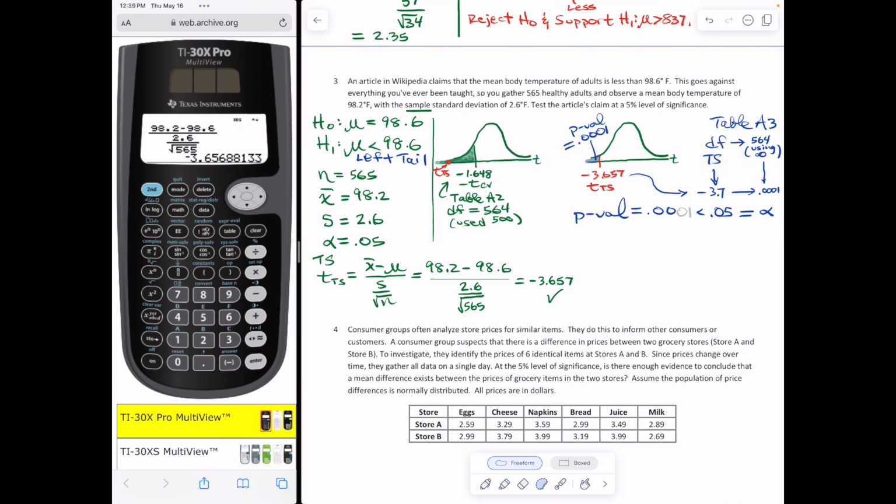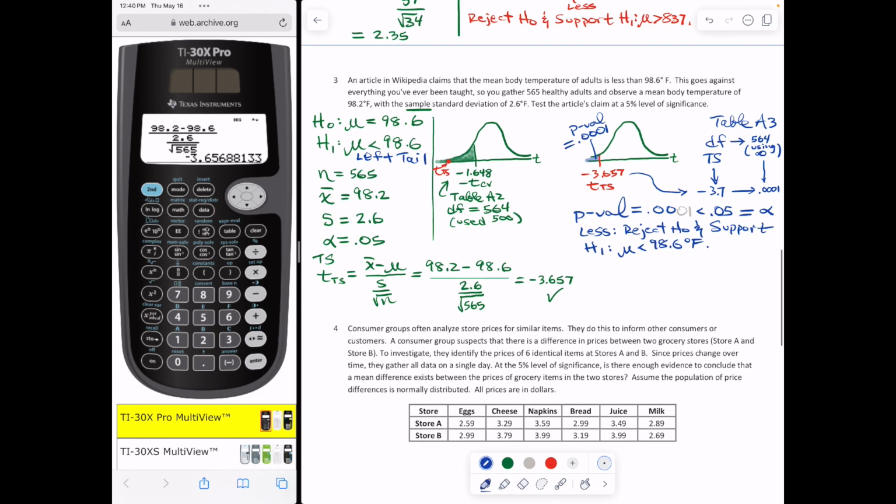Which means, yes, less means that we reject H0. Support H1, which had said that the mean is less than 98.6 degrees Fahrenheit. Okay, and then we'll just try and put that into words. The data support the claim.